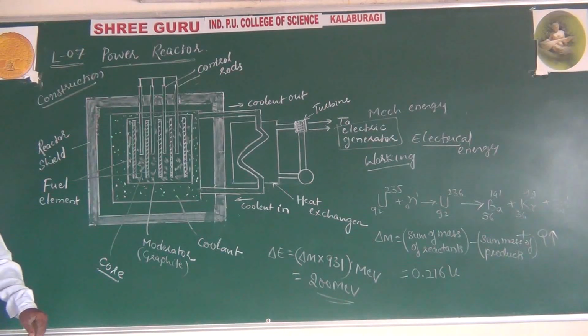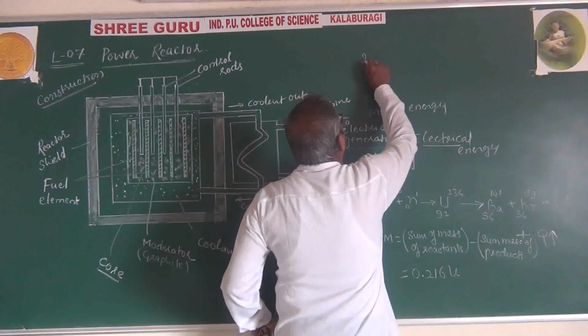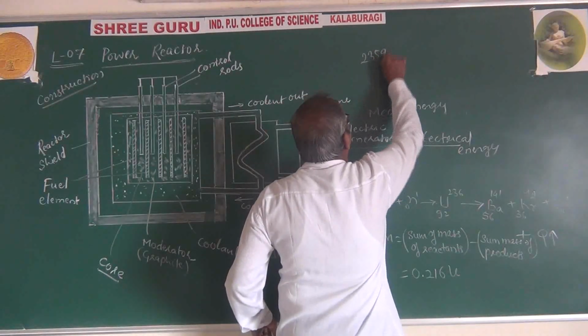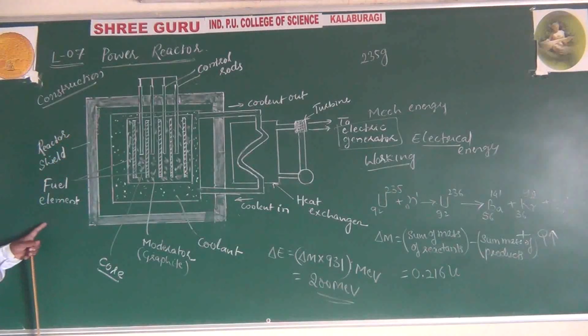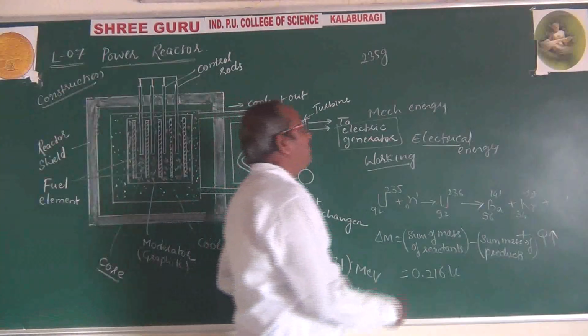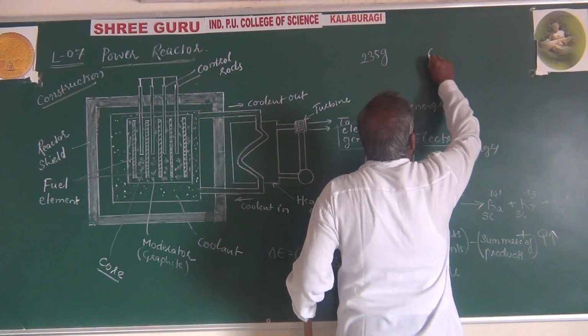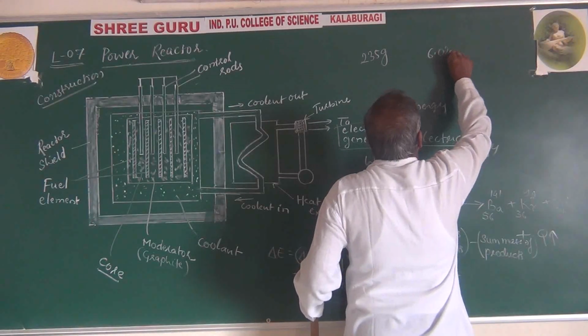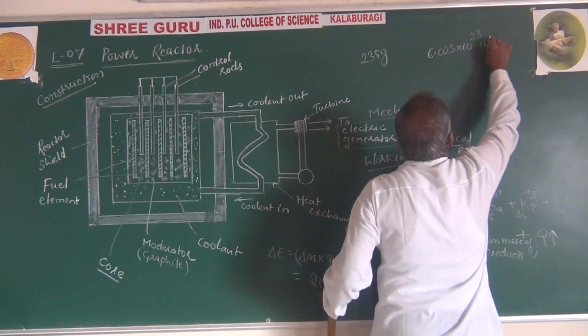If you will go for uranium 235 grams, suppose for example this fuel can be used about 235 grams, in which the number of atoms present is Avogadro's number, and that is equal to 6.023 into 10 raised to 23 atoms.